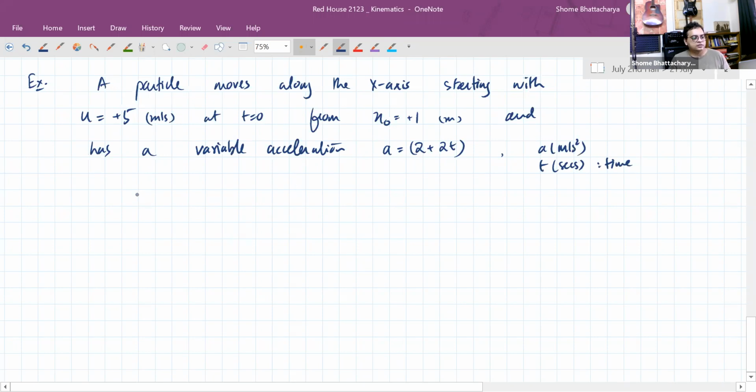So we want to find, first of all, velocity, that is instantaneous velocity, as a function of time.